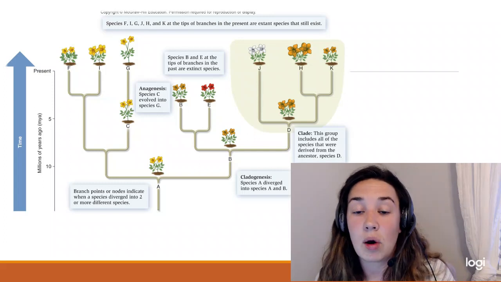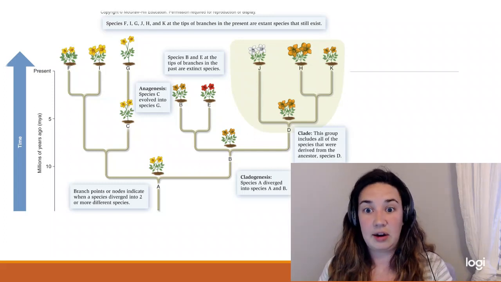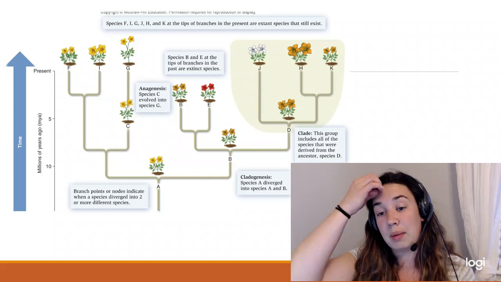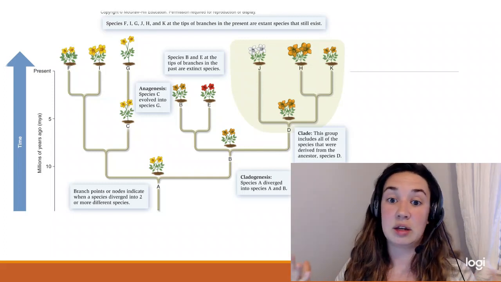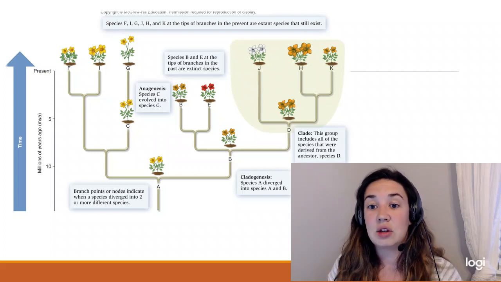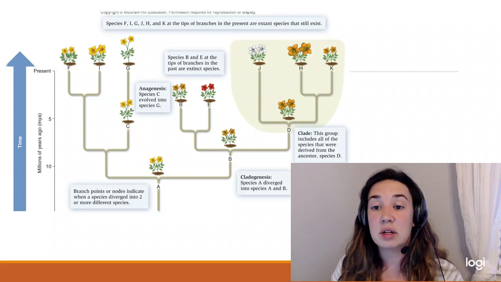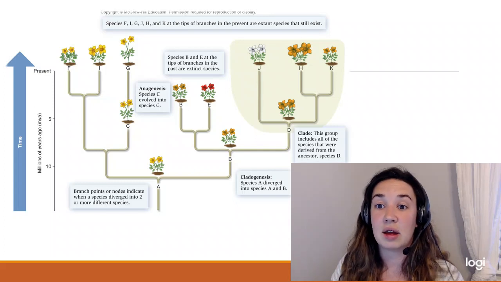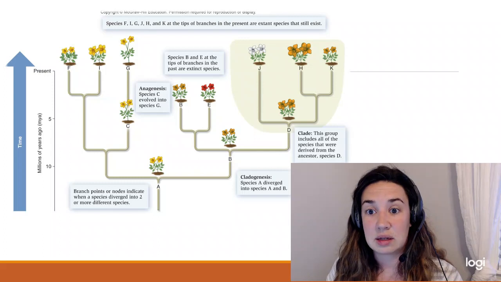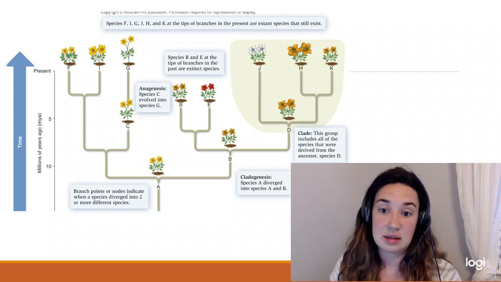But you can see in this section of the diagram that F, I, and G are also alive in present day. So you have species F, I, G, J, H, and K at the very tips of the branches of this phylogenetic tree, and they still exist in today's time.